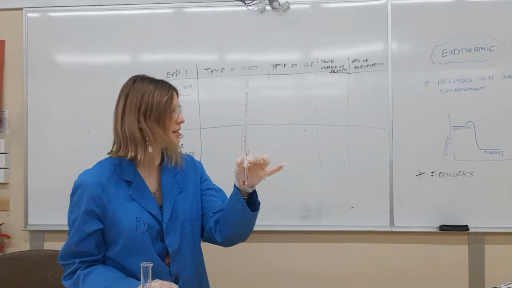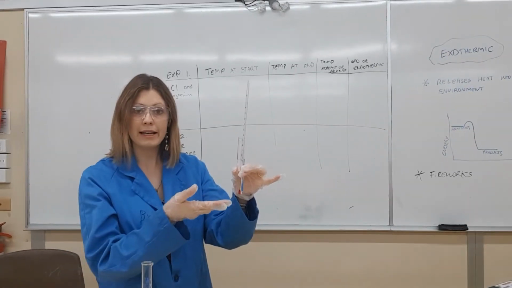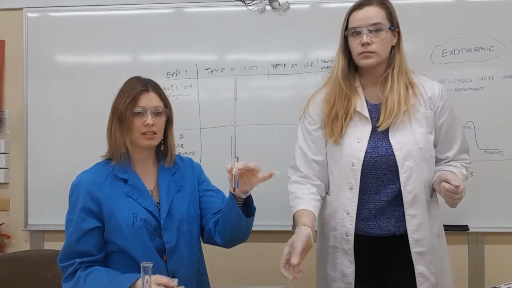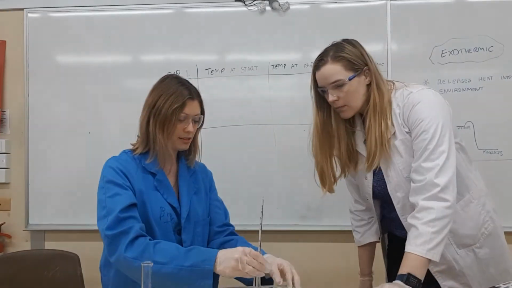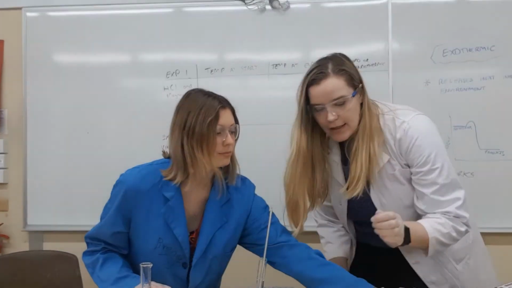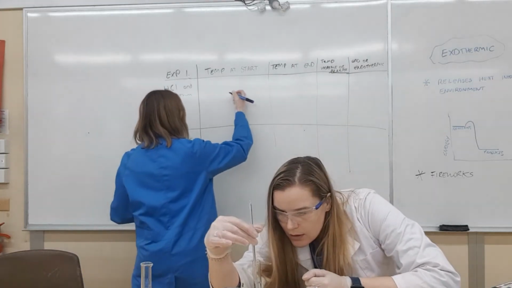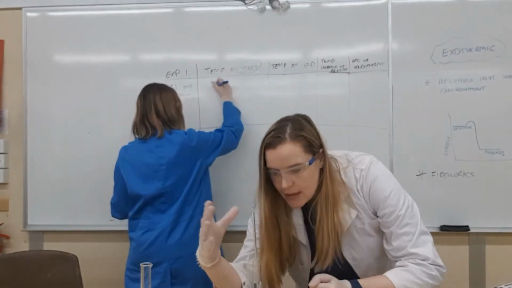So we're going to test the temperature before we add any magnesium and then after to see if it increased or decreased. Alright, so let's see, has it moved? No, okay, so it stayed at that temperature. So our hydrochloric acid before is at 18 degrees.